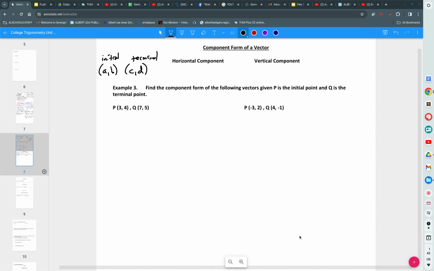Then a vector can be placed in what we call component form. And component form has kind of these parentheses, but they're V shapes, off to the side. And what we're going to do to come up with the horizontal component is we're going to see the distance it travels to get from A to C, which is just C minus A. And that will become the horizontal component of the vector. The vertical component of the vector is going to be D minus B.